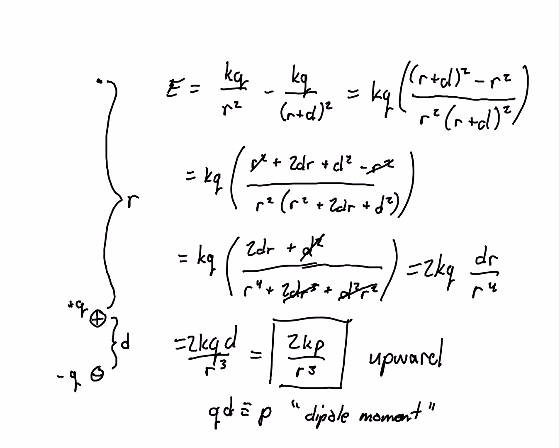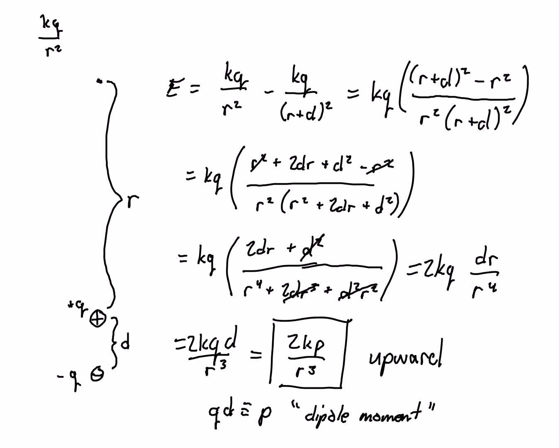Finally, it's useful to take a look at units. Remember that the electric field due to a point charge was kq over r squared, and that had the proper units of electric field.